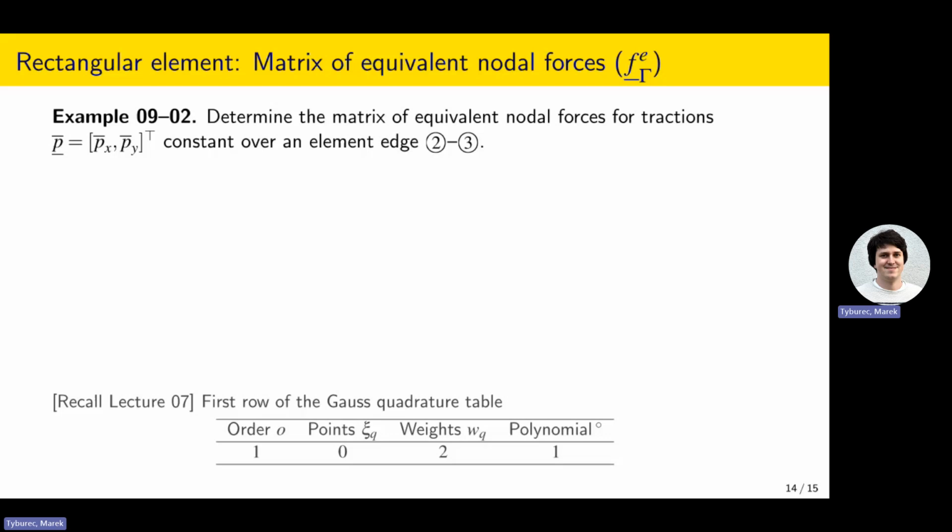For the second one, we insert 1 here. So we get 2 times 1, which is 2. So 2 over 4, so 1/2. So we get 1/2, 0, 0, 1/2.